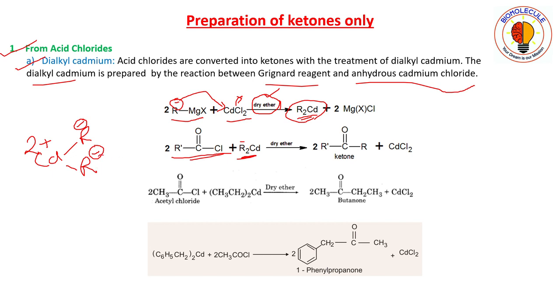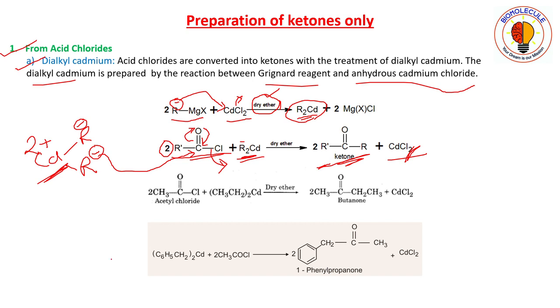So this R goes and attacks here, the negative charge then backfires, and this leaves as chloride. We are getting ketone. And then this chloride will be taken up by this cadmium. We will get CdCl2. So two molecules of acyl chloride will react with one molecule of dialkyl cadmium to give us two molecules of ketone and one molecule of cadmium chloride.